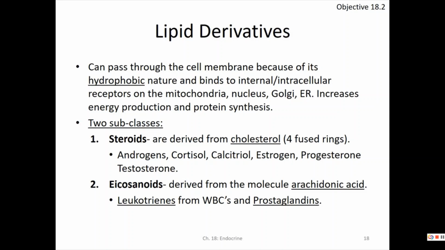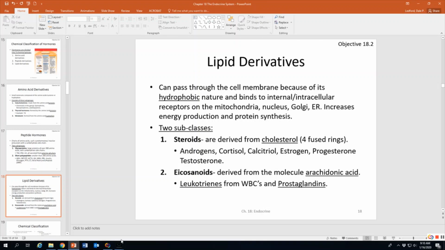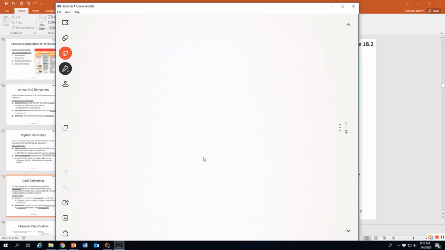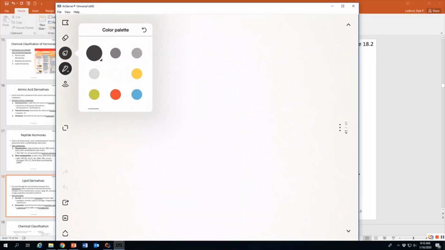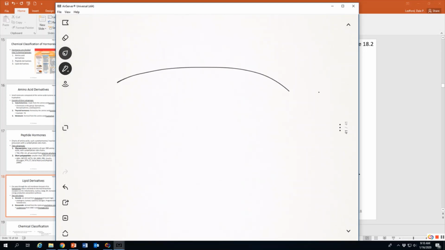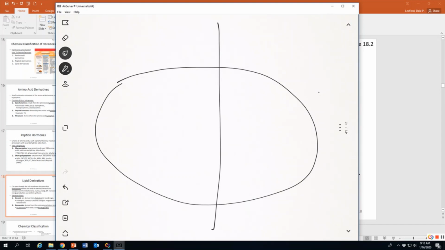Now, I need you guys to step back to chapter 3 a little bit, and even a little bit from chapter 2 in our mind. Here I'm going to draw a cell. And down the middle, I'm going to draw a line here, and I'm going to write lipid hormone. Now, the cell membrane, remember, this is the circle, and I'm going to say non-lipid hormone.